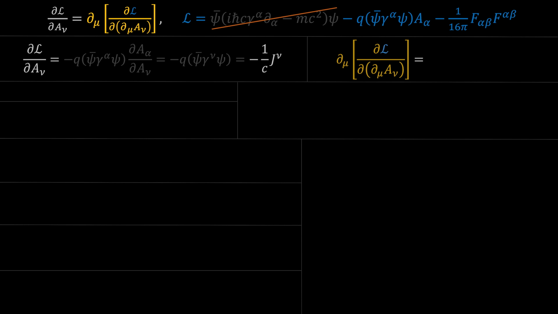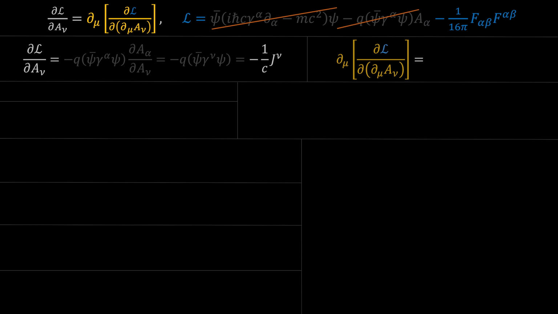Okay, so moving on to the interaction term. Here, we notice that from the perspective of partial derivatives involving A, it's basically a constant times A. But in this term on the right-hand side of the Euler-Lagrange equation, we're actually taking the derivative with respect to the derivatives in A. So even though the interaction term involves the values of the components of A, it doesn't actually involve the derivatives of A. So therefore, when we take the partial derivative of that term with respect to a derivative in A, the result is actually 0.